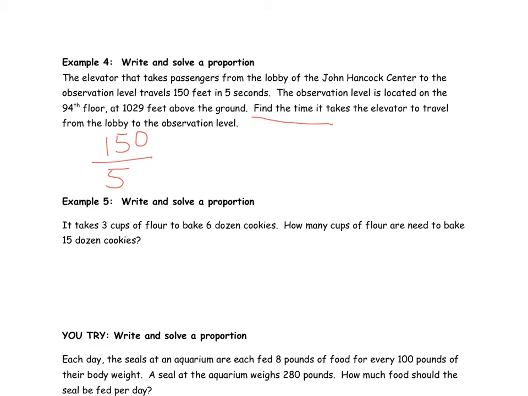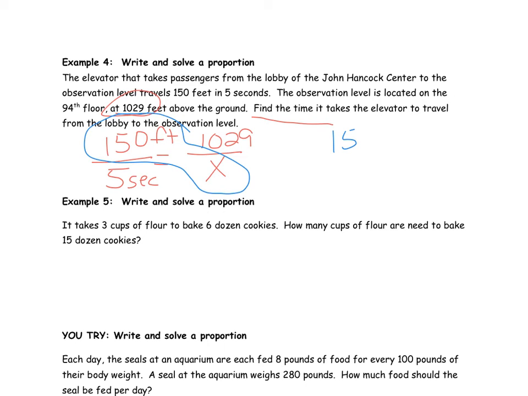in 5 seconds. So up here is my feet. So on my other proportion, I want to make sure I put the feet on top. 1,029. Okay, and this is my seconds, and these are the seconds that I don't know. So now it's just solving a proportion, okay, by cross multiplying.